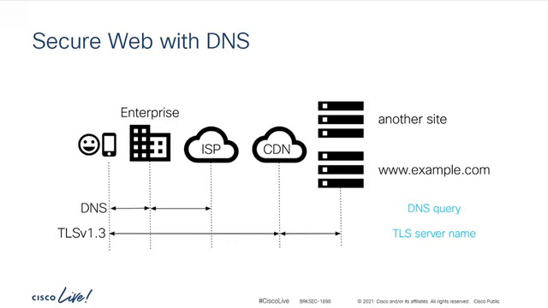So here we have a user with a device on an enterprise network on the left-hand side there, and our user wants to make a connection to www.example.com. And so the first thing that happens is the user's device sends out a DNS query asking for the IP address for www.example.com.